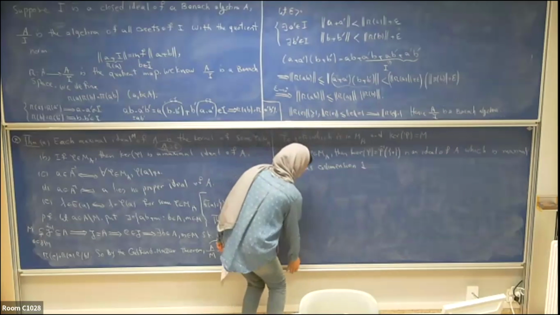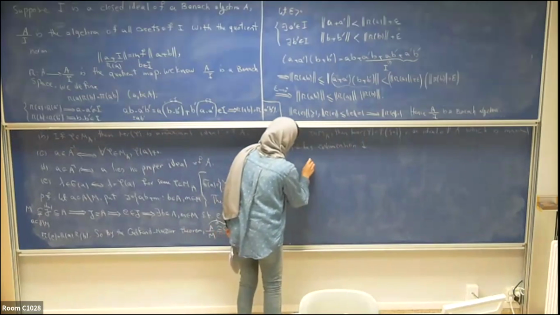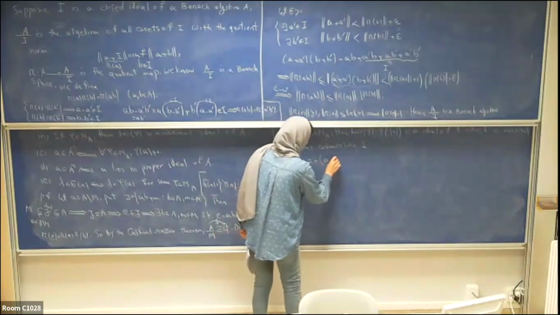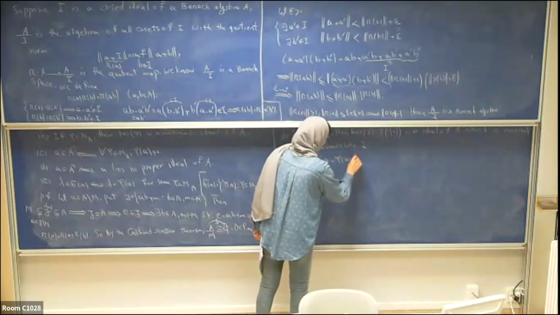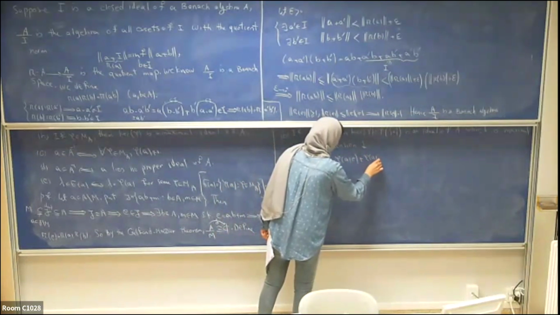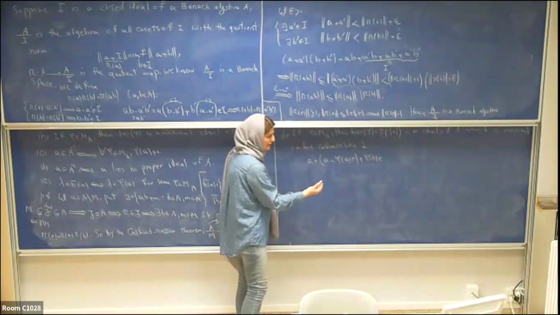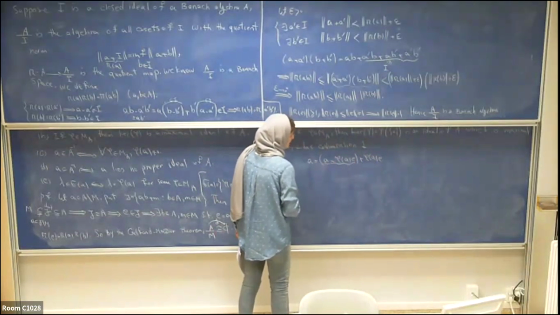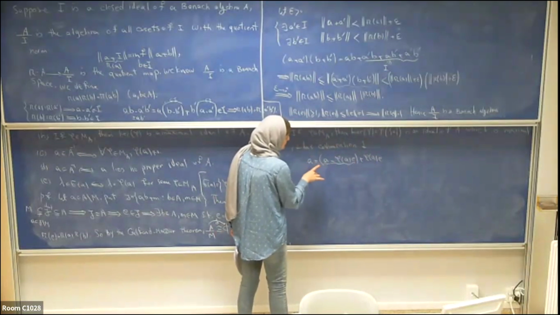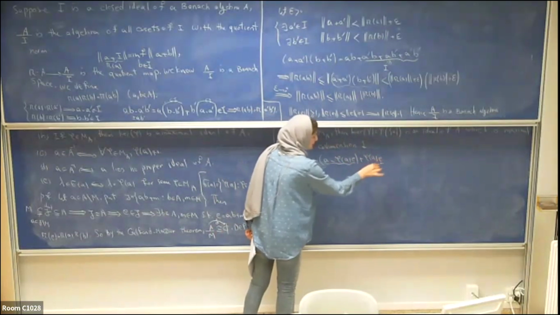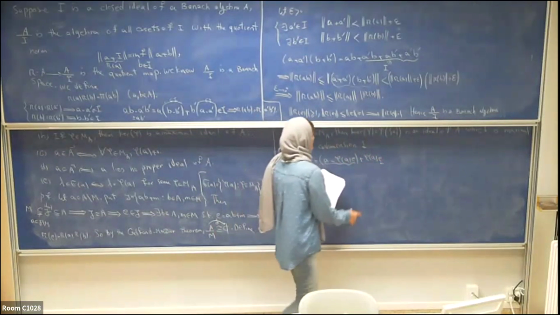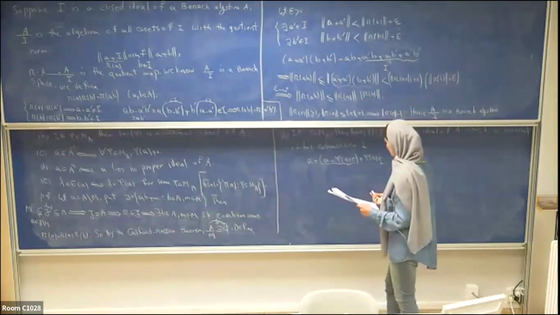Why it has codimension 1 is clear because A can be written like A minus phi of A E plus phi of A E, and this first part is an element in the kernel of phi, and so the codimension is just generated by E. That's why we can say that codimension is 1.